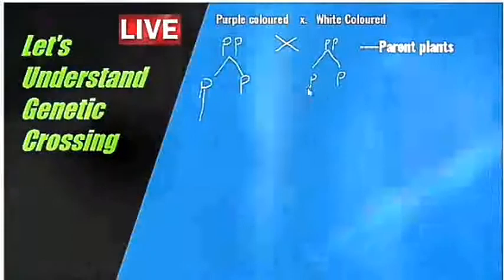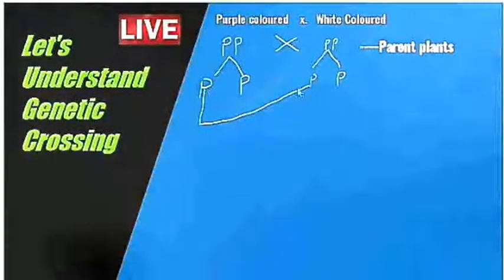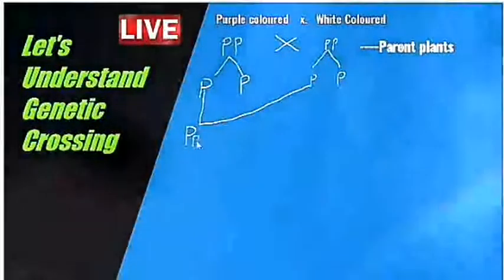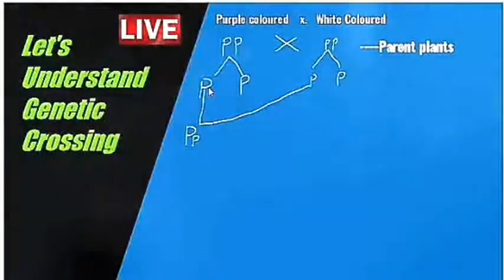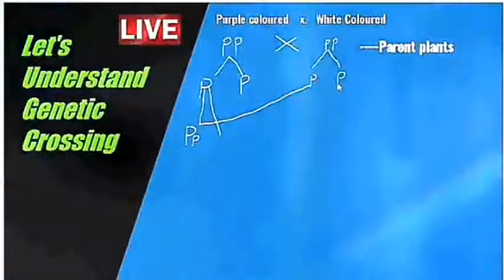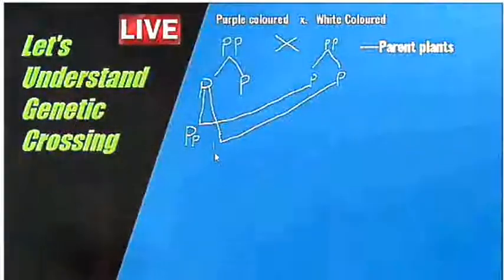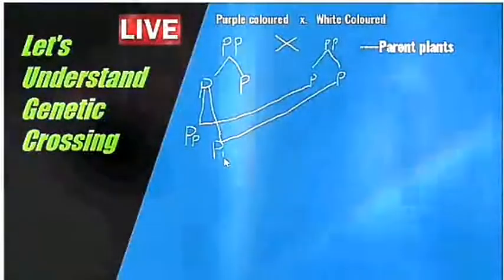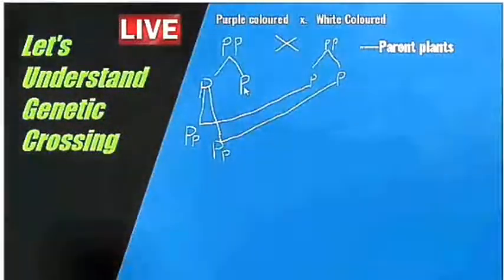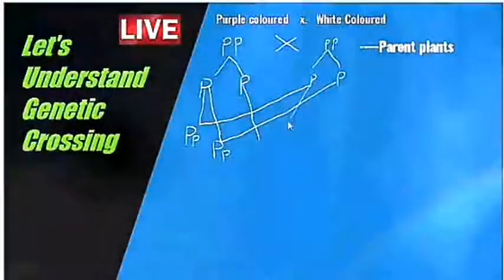So let's do the crossing. We'll cross the capital P from one side with the small p from the other side, so we obtain a capital P and a small p. Similarly, when we cross this other capital P again with the second small p from the white color, we'll get the capital P and small p. We do the same for the second letter or allele, and let's see what we get.